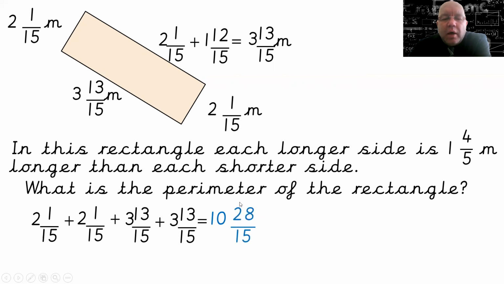Okay. Now you should be looking at that thinking, big ugly improper fraction with a whole number. We can't have that. So we're going to have to do a little bit of fixing and turn it into 11 and 13/15ths of a meter. Okay. So what looks like a big, horrible, ugly question, actually, if you take it step by step, is not too scary.